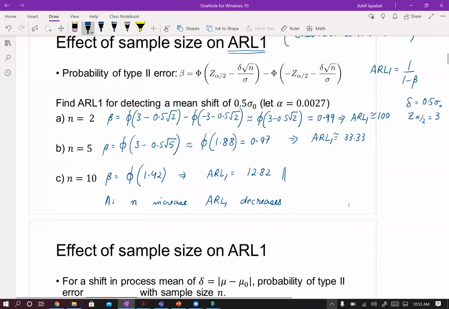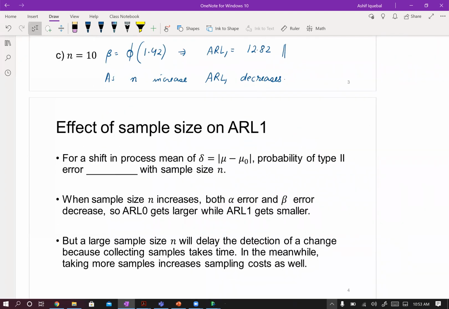So what happens is for a shift in the process mean of mu minus mu naught, the probability of type 2 error decreases with sample size n, right? And ARL1 also decreases. This is one piece of information we have on Shewhart control charts.